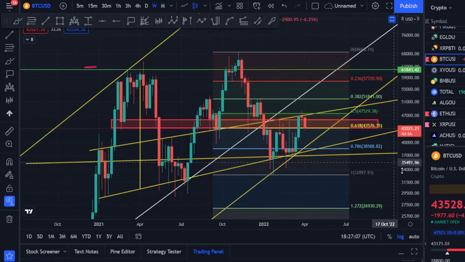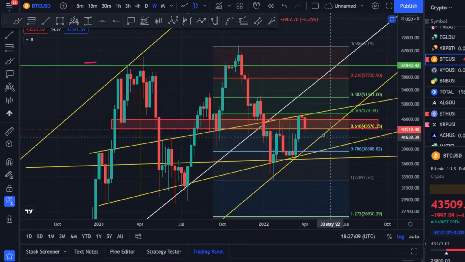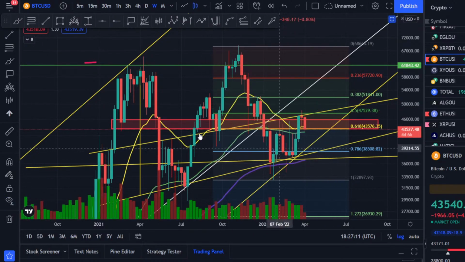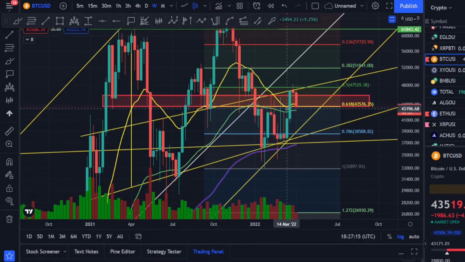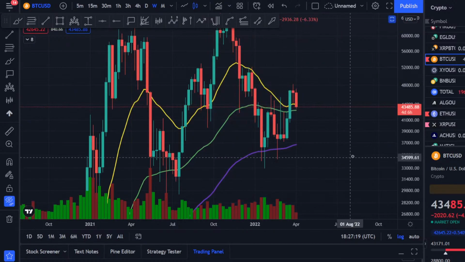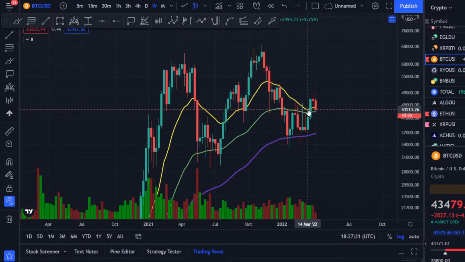And especially if you look at, let me show you the EMAs, okay? You can see the EMAs are actually sitting right over here. If you take off the drawings, you can see it a little bit better. You can see the 20 EMA and the 55 moving average are coming in as support for Bitcoin right now.